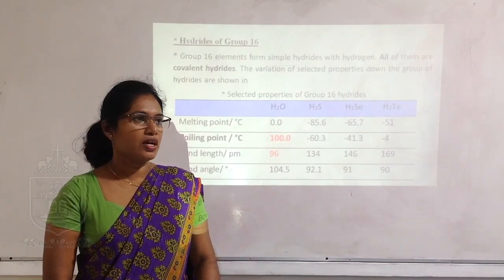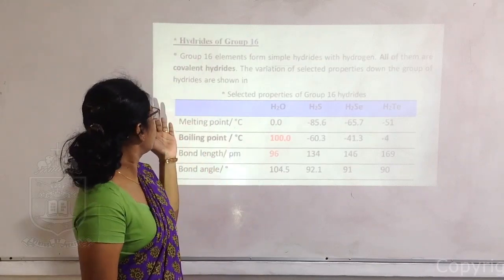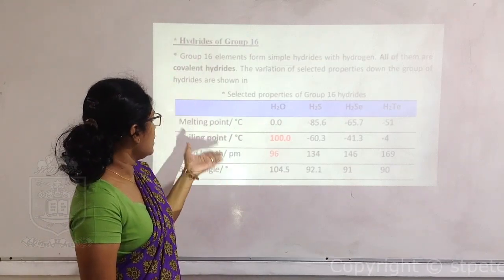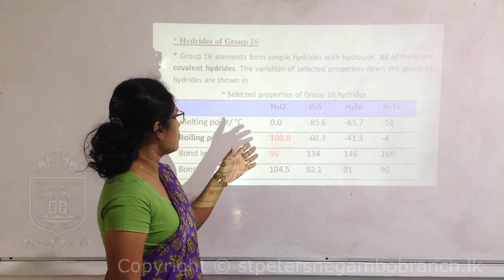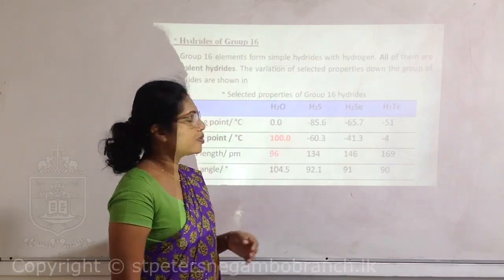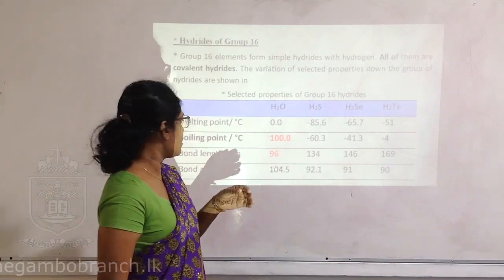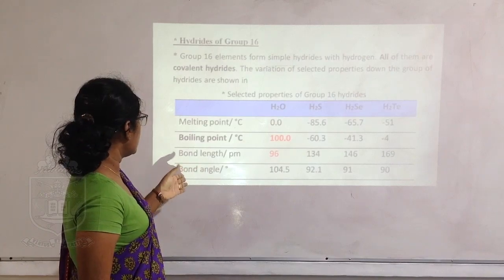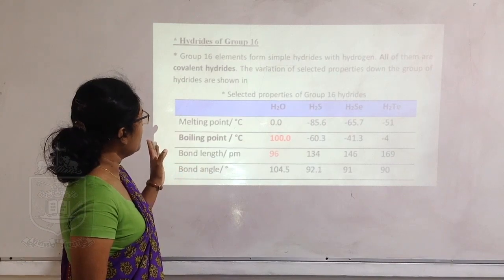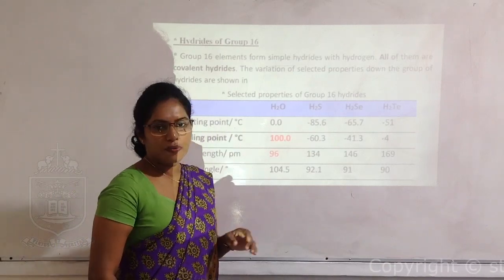That means water is a hydride of oxygen. So here we are going to compare selected properties of group 16 hydrides. Here I have taken melting point, boiling point, bond length and bond angle, and compared the properties.